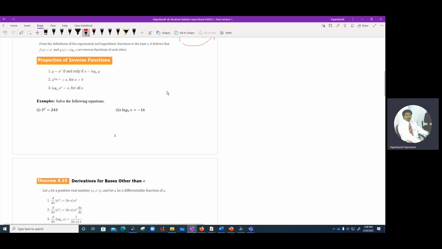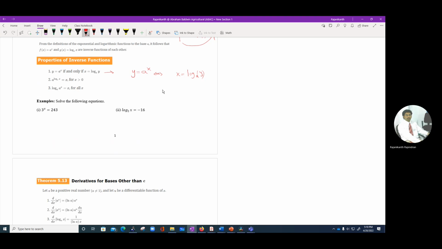So let's move on and look at some other properties. This is not new, you studied it in high school, right? If you know any exponential function a to the x is equal to y, then this is equivalent to writing in terms of log, which is x equals log with base a of y.